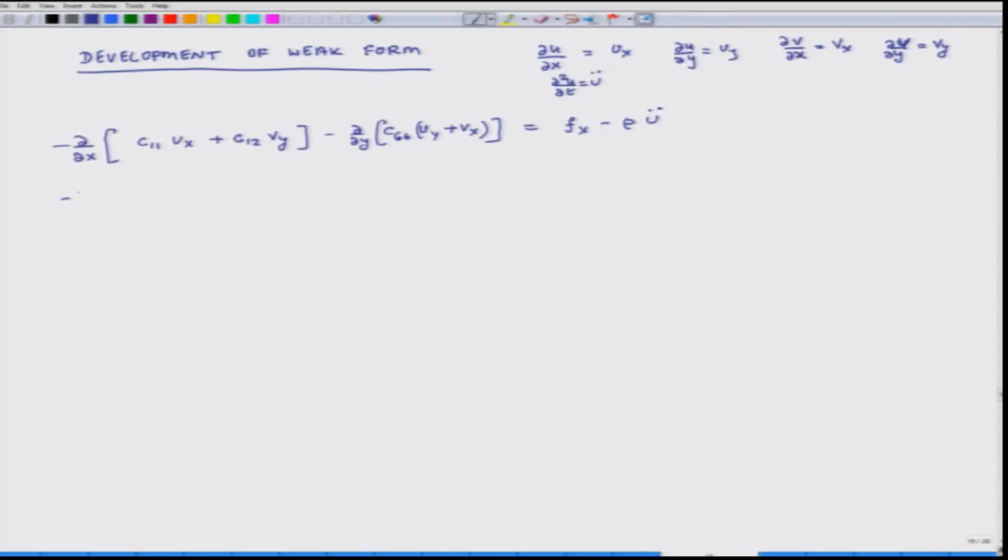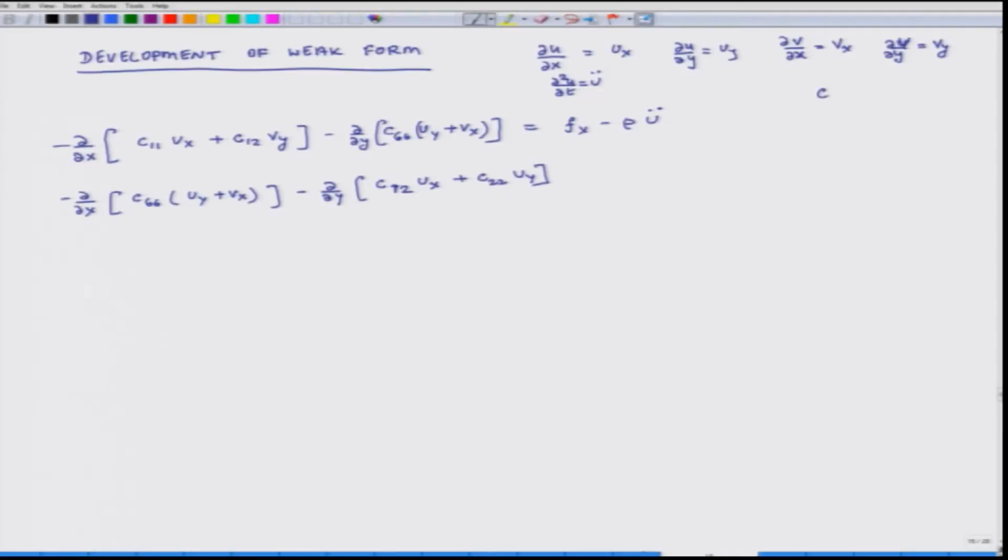Similarly, from the second equilibrium equation, I get C66 times uy plus vx, minus del over del y of C12 ux plus C22 vy.